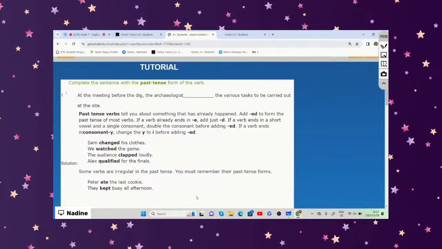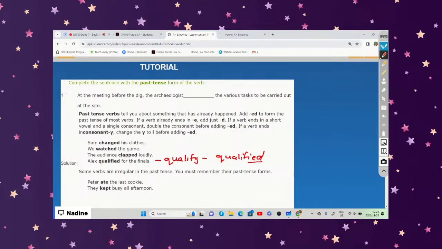An example of that is qualify. We write it there. Now we are qualified, and we added an IED. So which means that Alex qualified for the finals.